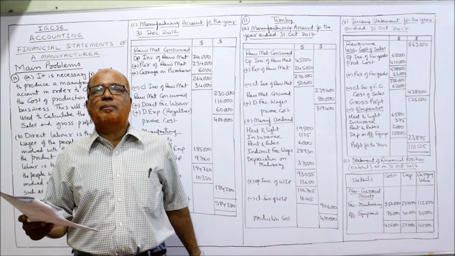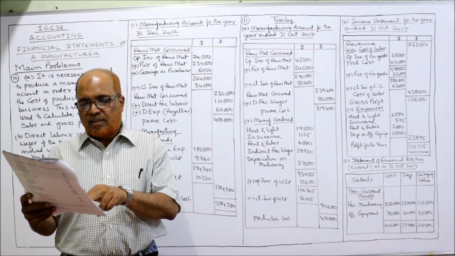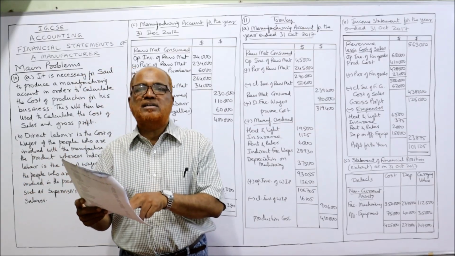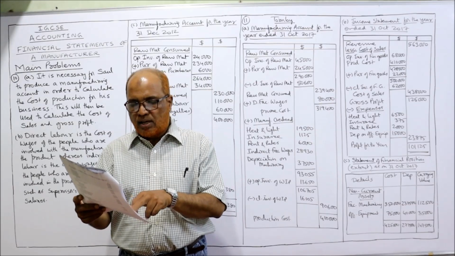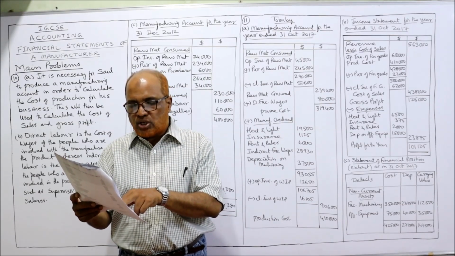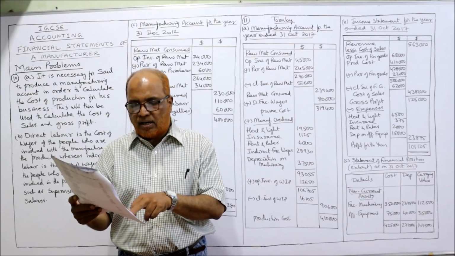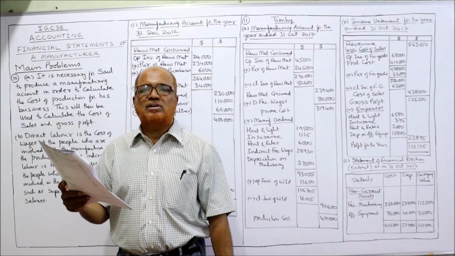Cost and accumulated depreciation. Again, it is given to calculate depreciation. Then direct factory wages. These are the direct wages, part of prime cost. Heat and light, indirect factory wages, insurance, purchase of finished goods, purchase of raw material, rent and rates, revenue. These are the items given.